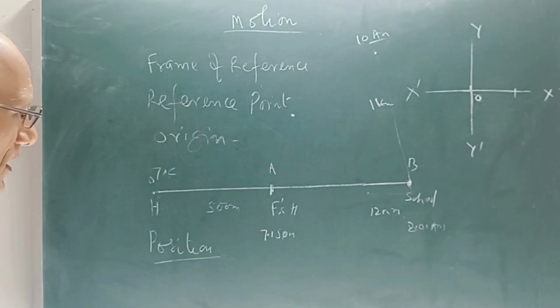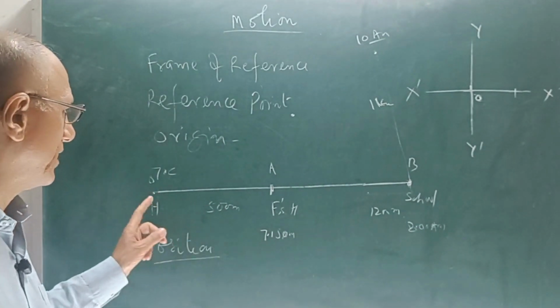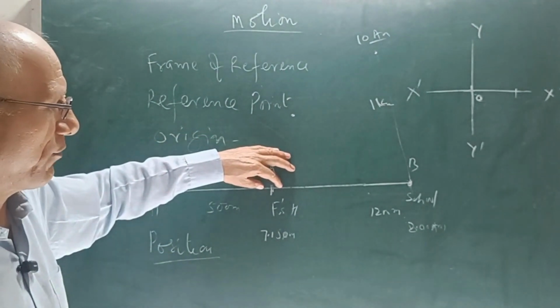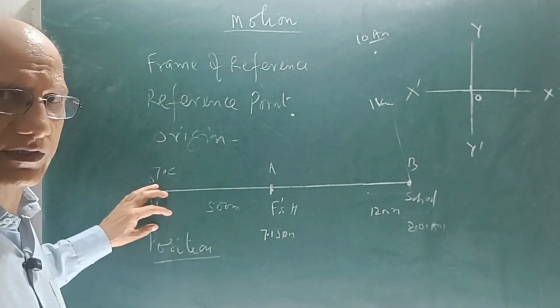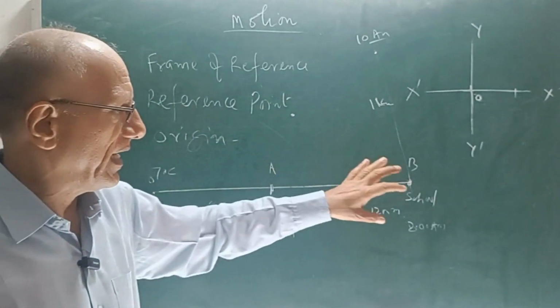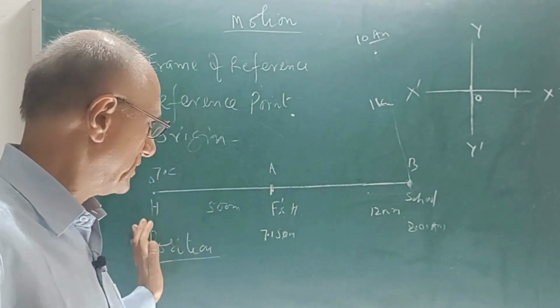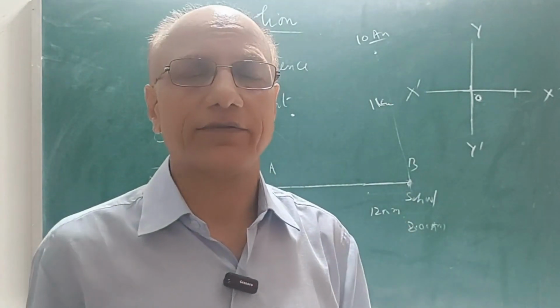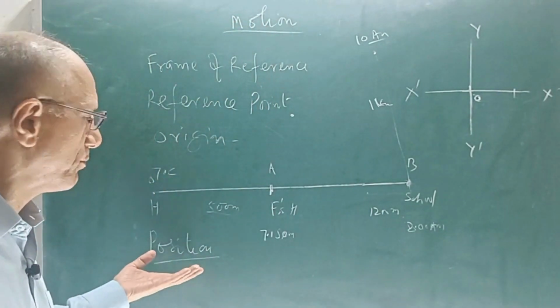So position depends on time. See, at 0 time your position was something else. At 7 o'clock it was 0. At 7:15 it was 500. At 8 a.m. it was this. So it depends on time. Your location at a particular instant is the position.